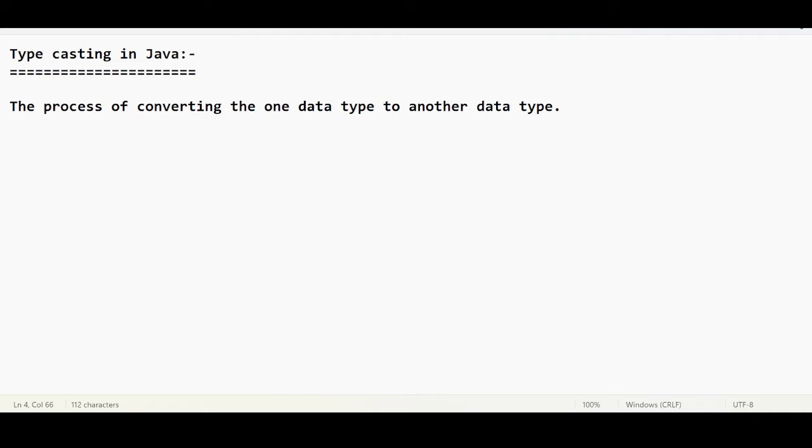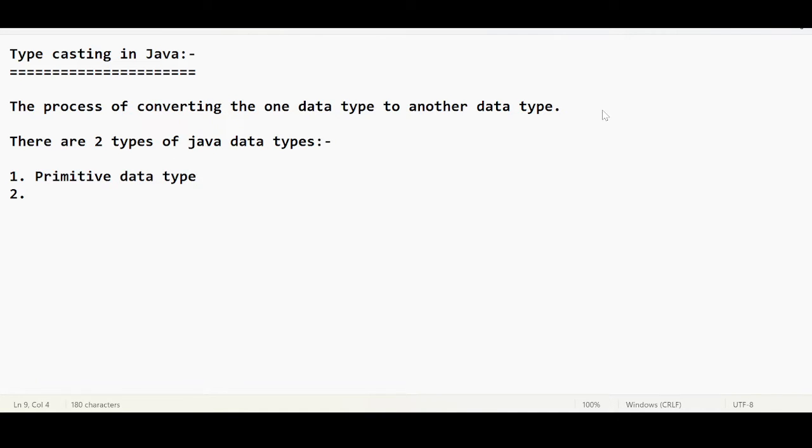When I say data type, data types can again be categorized into two types. One is primitive data types, and the second one is user-defined data types. Let me write those here. There are two types of Java data types: primitive data type, and second, user-defined data type.